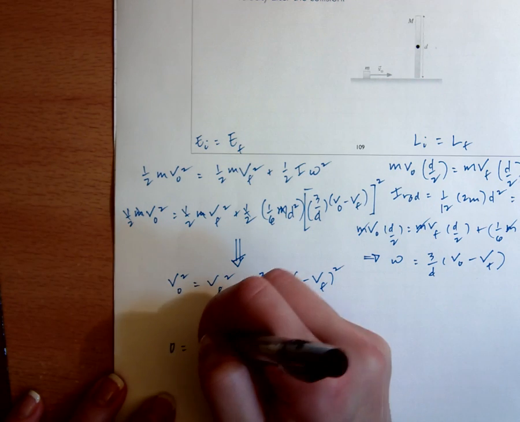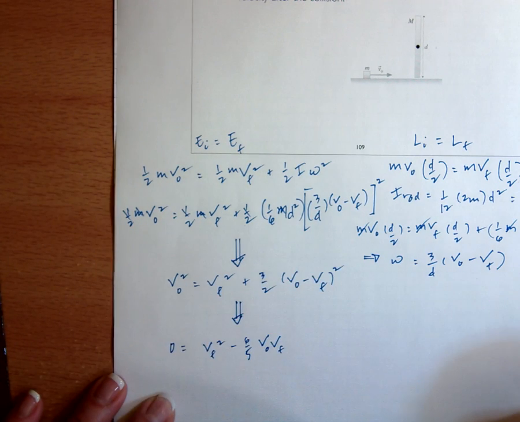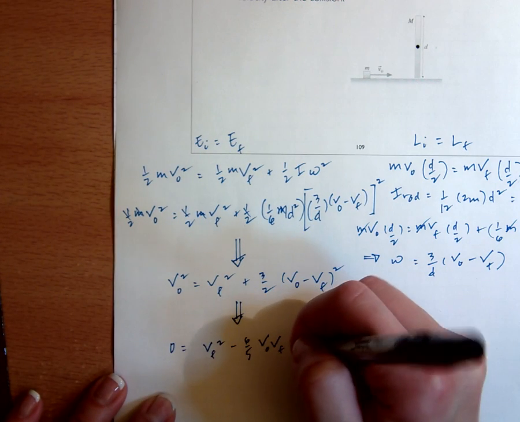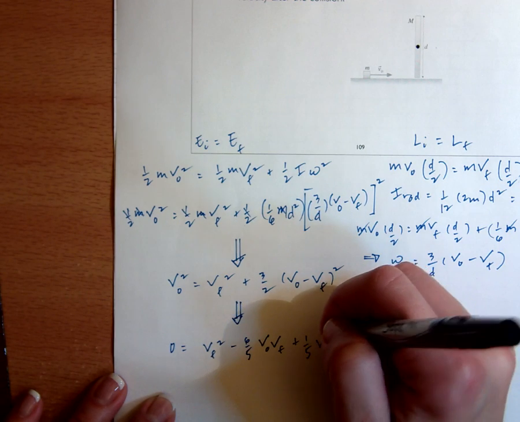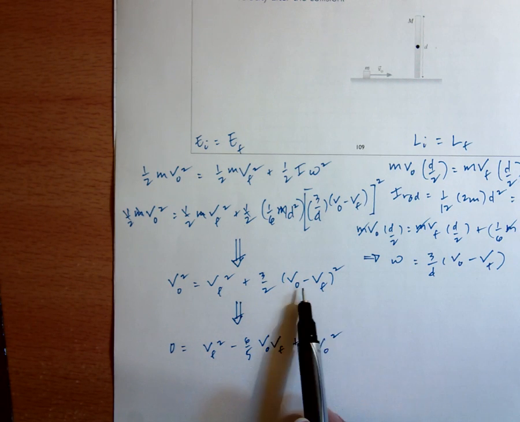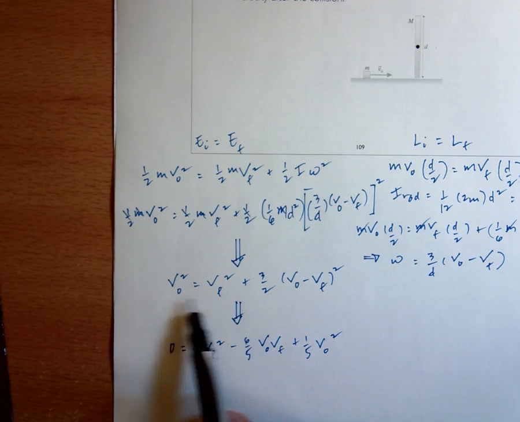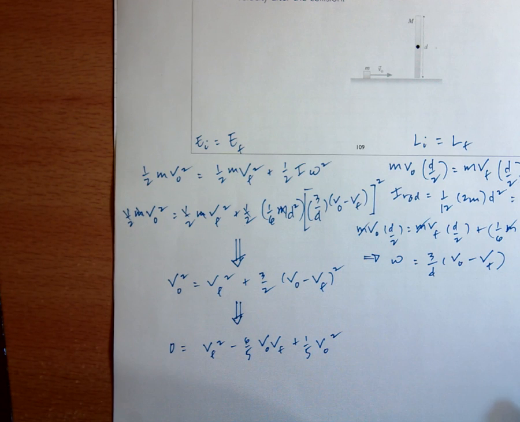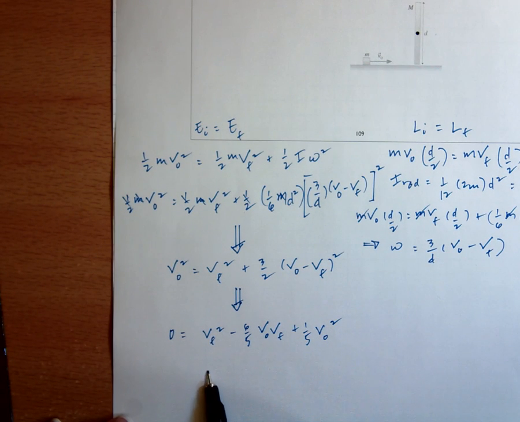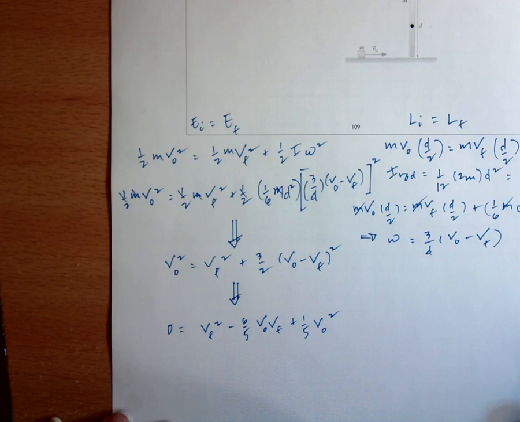After distributing the (v initial minus v final) quantity squared and the 3/2, and combining all of those terms, you get v final squared minus 6/5 v initial v final plus 1/5 v initial squared.